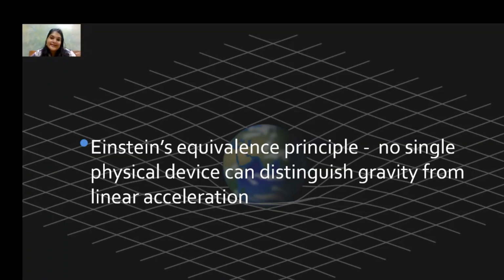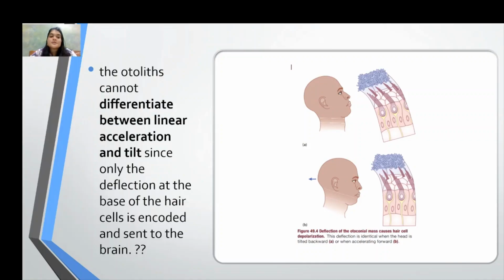Concluding with another concept in physics, Einstein's equivalence principle tells us that no single physical device can distinguish gravity from linear acceleration. So our otoliths are detecting gravity. This is the picture when the head is tilted backwards, or when the head is accelerating forward: the otoconia lag behind and there is a tilt of the hair cells.